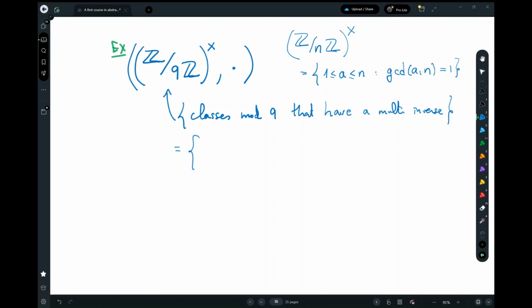So in this case, there are the numbers from 1 up to 9 relatively prime to 9. So that will be 1 and 2 and 4 and 5 and 7 and 8 modulo 9.